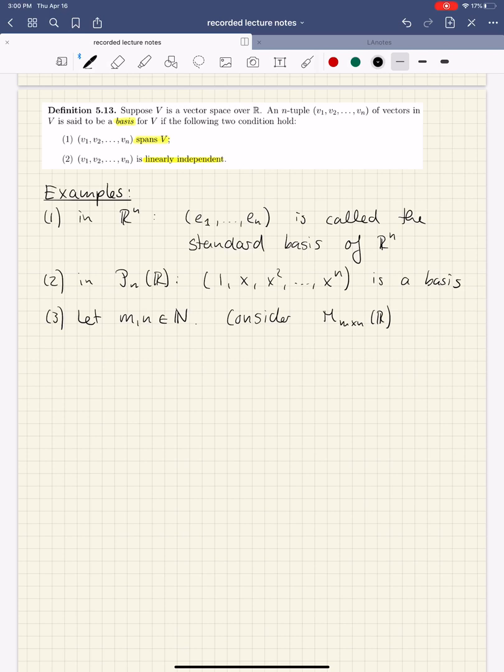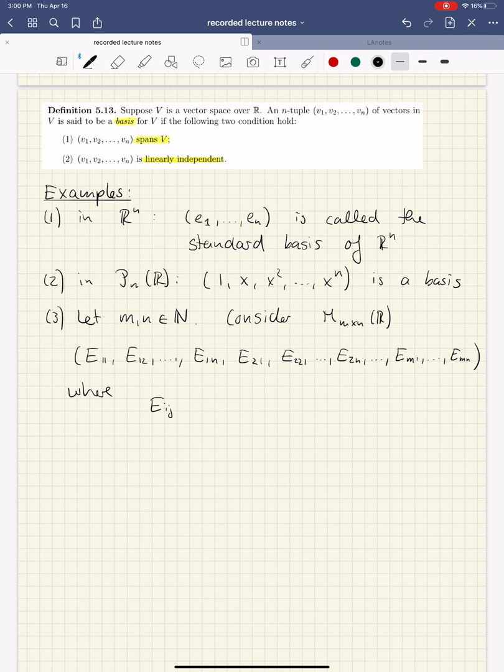So here we take E11, E12 all the way up to E1n, then E21, E22 all the way up to E2n, and then all the way up to Em1, Emn.